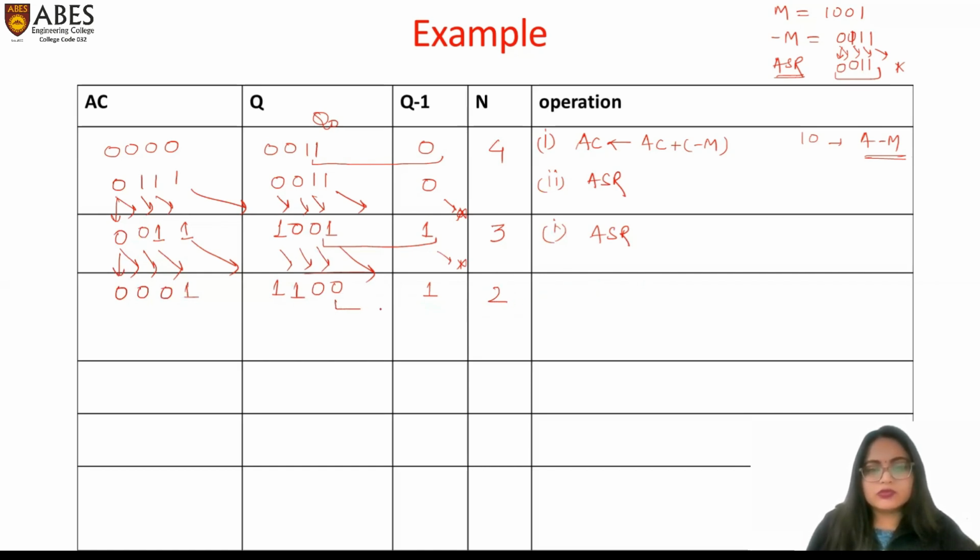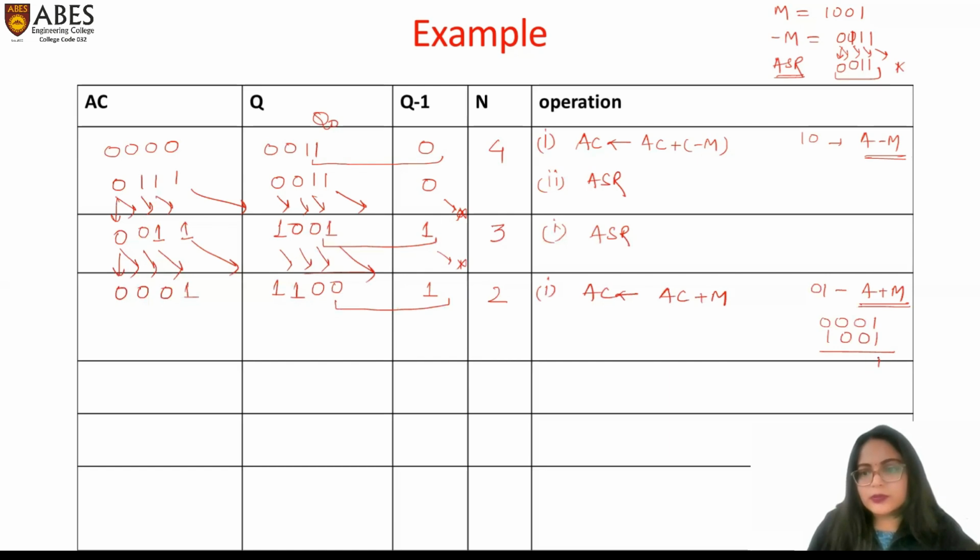Now again we need to check the value of 0, 1. So the combination of 0, 1 says that the operation that will be performed will be A plus M. Now accumulator will be updated with this operation. The value of A plus M: 1, 0, 0, 1 plus 0, 0, 0, 1, 1, 0, 0, 1.